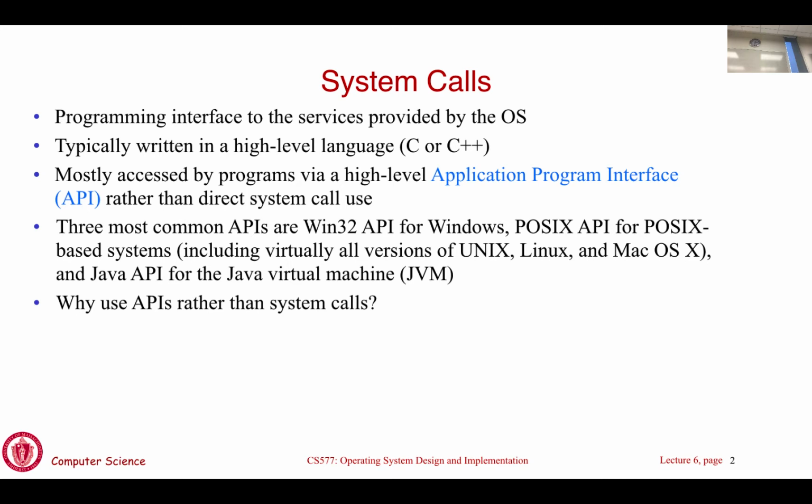Most flavors of Unix, which includes Linux and Minix, essentially implement a POSIX API. If you are coding in Java, you essentially have the JVM interface. That's the Java interface. You're programming to that. And then if you are on Windows, you have the Win32 APIs and so on. And of course, if you code in Python, there are lots of libraries that sit even above those APIs.